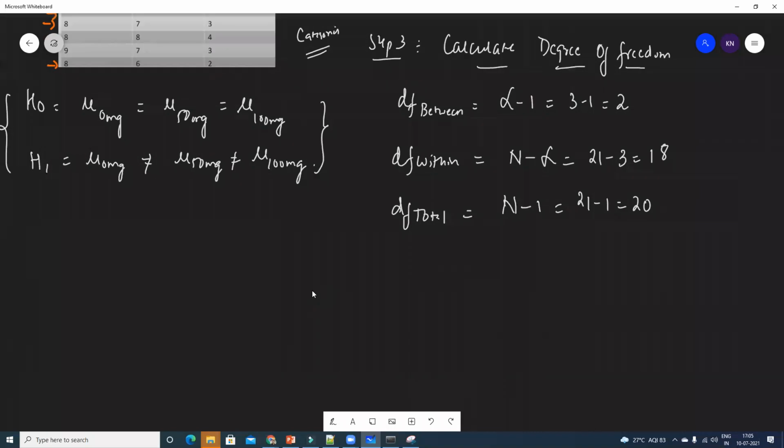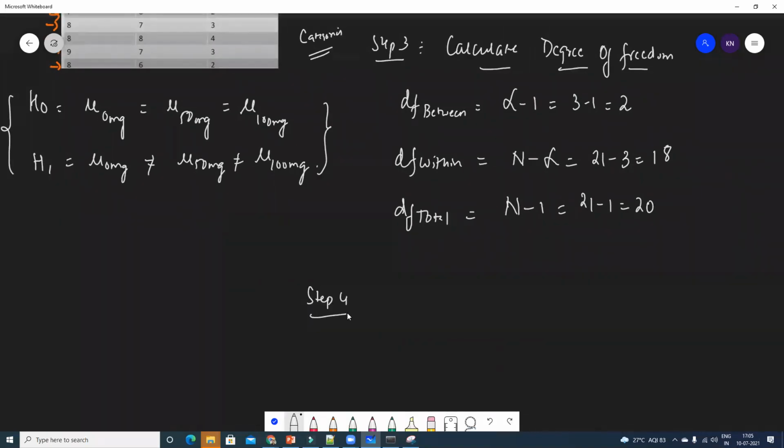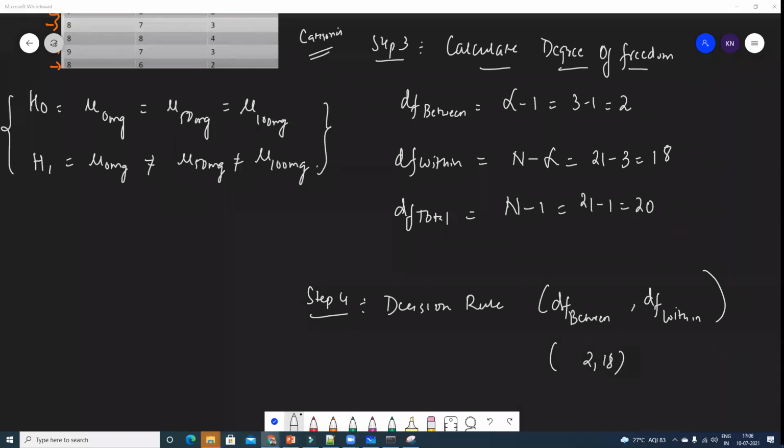Then the next step is basically my decision rule. In this decision rule, we need to basically follow degree of freedom between to degree of freedom within. So the total value will be 2, 18. How do we get this? Again, I'll open my browser and search for F table.